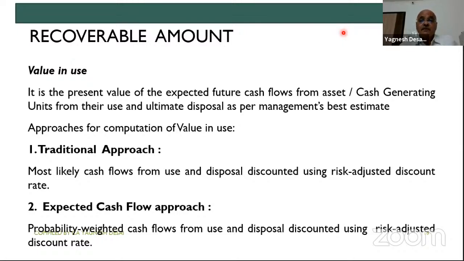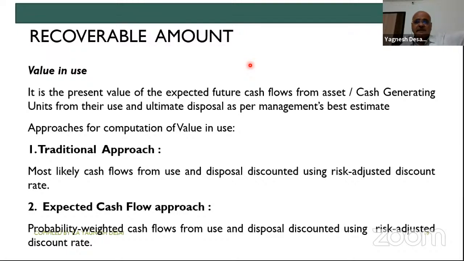All right. So be very careful that the future cash flow should be based on the current capacity only. What is the logic, sir? The logic is that you are testing the current capacity only.